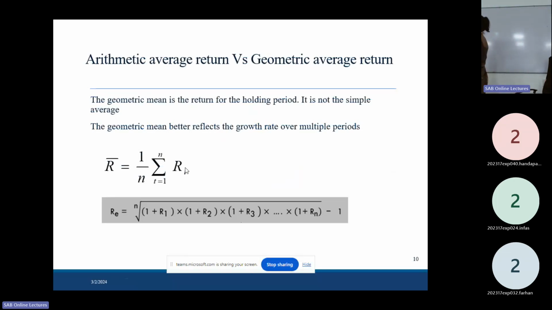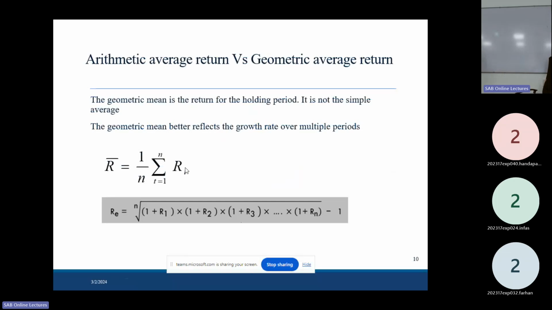When we calculate the geometric mean, you can see each year's return is impacting the next year's return. So there is a multiplication here. 1 plus R1 is our investment plus return, into the next year's return. So you can see there is a compounding impact.